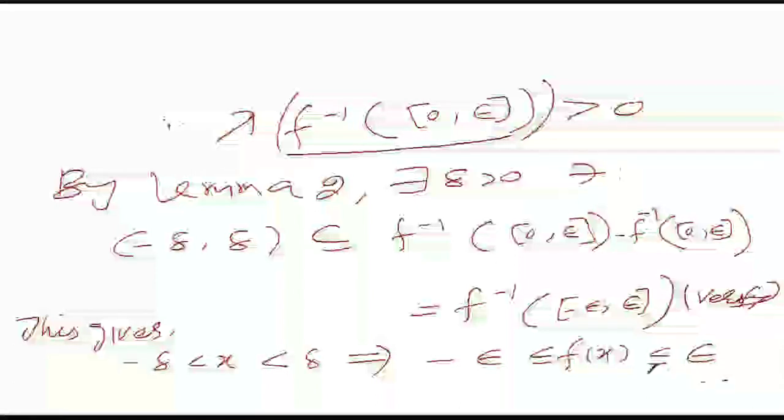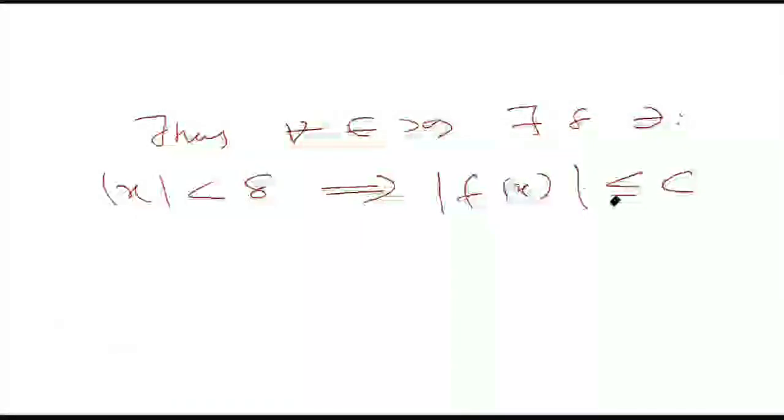So thus we can say for each epsilon positive I can find delta positive. Thus for all epsilon positive, there is a delta positive such that mod of x less than delta implies mod of f(x) less than or equal to epsilon. You can replace this epsilon if you want strict inequality. You can replace this epsilon by epsilon by 2.